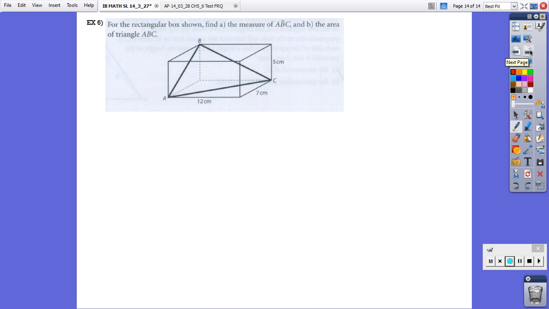And third one here is a rectangular box. It says find the measure of angle ABC, which is this angle between diagonal 1, let's call it, and diagonal 2. And these diagonals are pretty easy to find because the triangles that create the diagonal are right triangles.